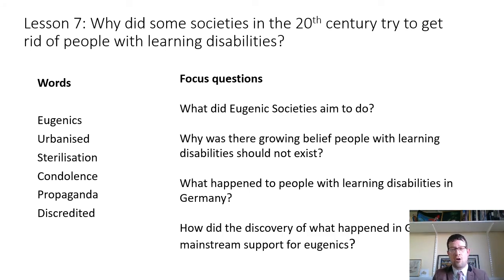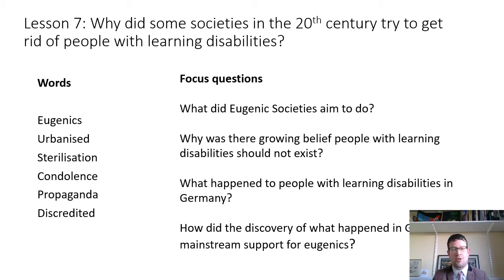But it did cause a palpable wave of disgust and abhorrence. People were repelled by this idea, and that meant that mainstream support for eugenics, the idea that people should be prevented from living, should be killed because they had learning disabilities, collapsed. That view disappeared.